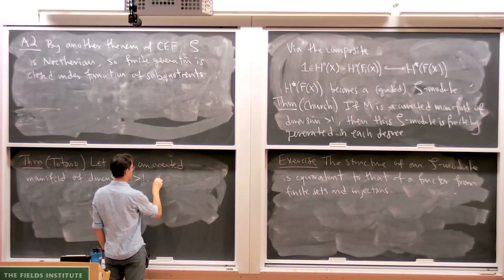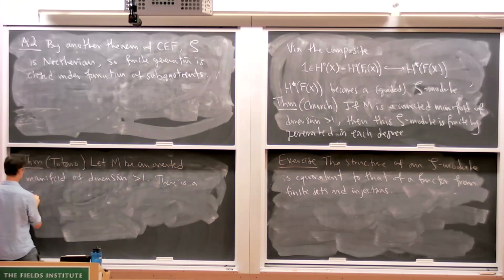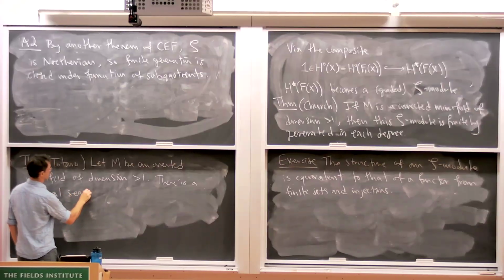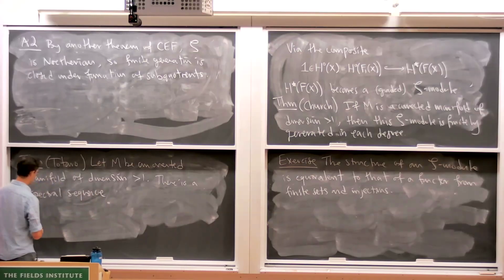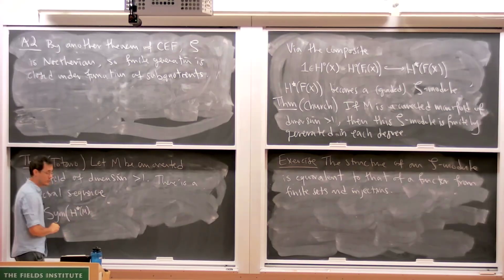Then what Totaro gives us is a spectral sequence which goes from the free TCA generated by what we get by tensoring the cohomology of the manifold with the symmetric sequence.